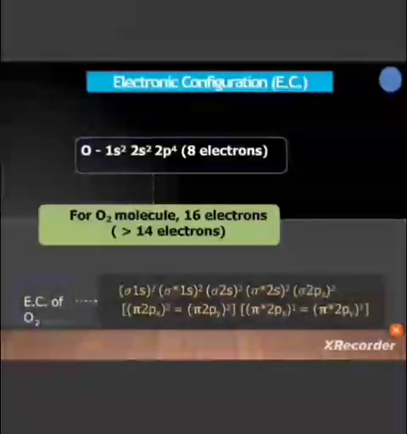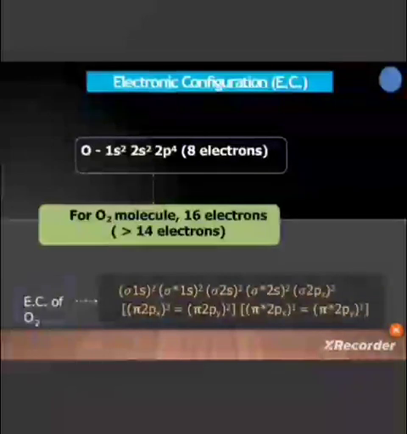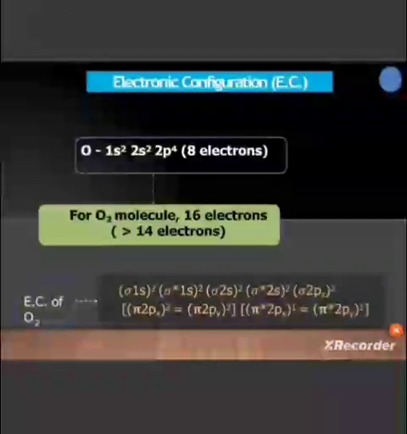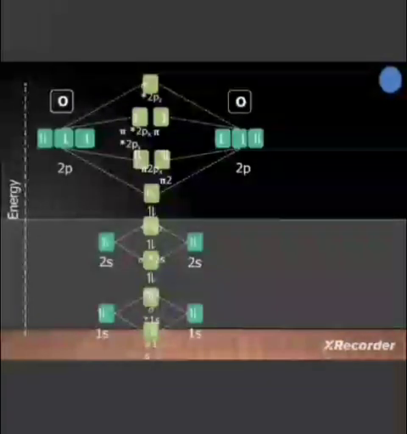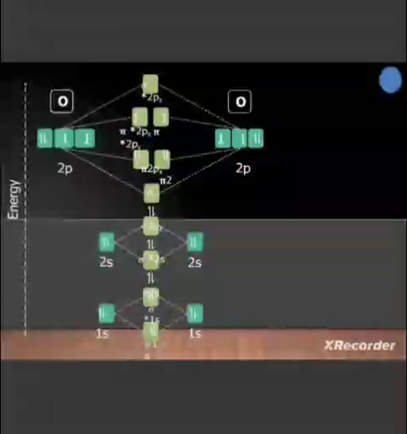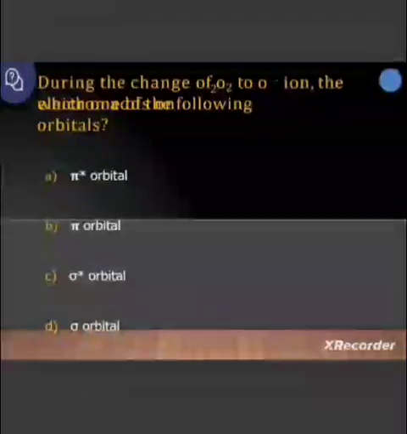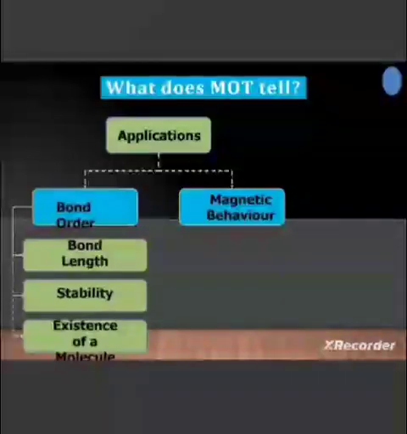From the electronic configuration, it is clear that 10 electrons are present in bonding orbitals and 6 electrons are present in antibonding molecular orbitals, and the bond order comes out to be 2. So, it is a diatomic molecule. These are the energy level diagrams for the O2 molecule. Next, these are the questions related to the energy level diagram for the O2 molecule.